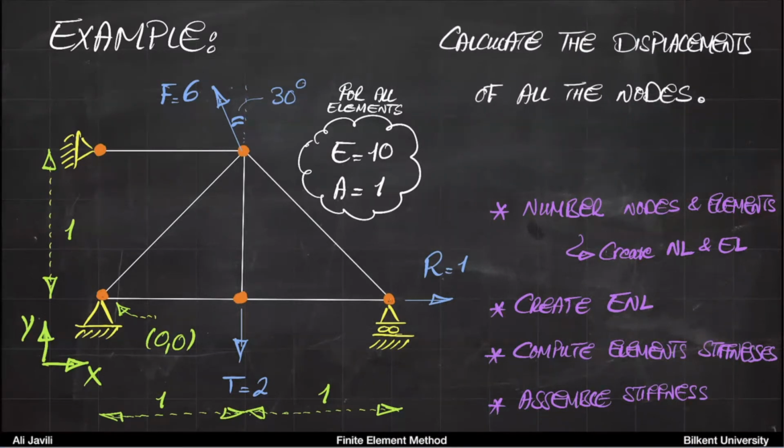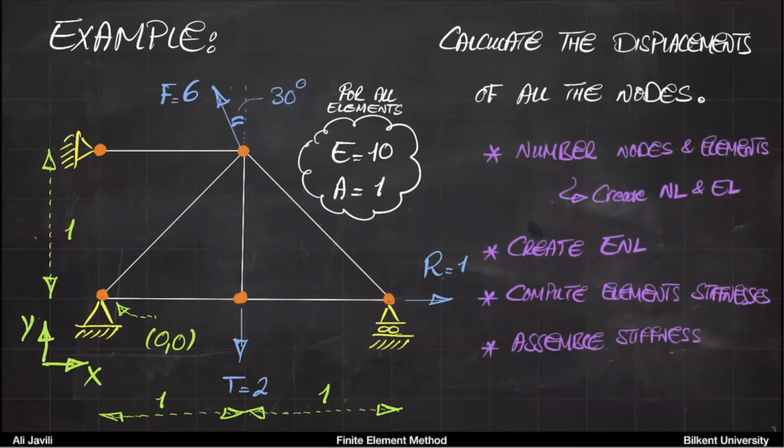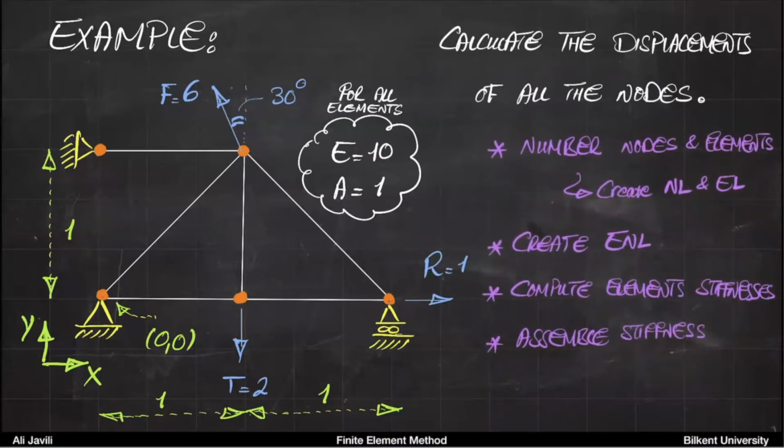You end up with your reduced system because you have already numbered them correctly, and all you need to do in the last step is to just solve. These 5 steps are always the same for any finite element problem that you want to do.